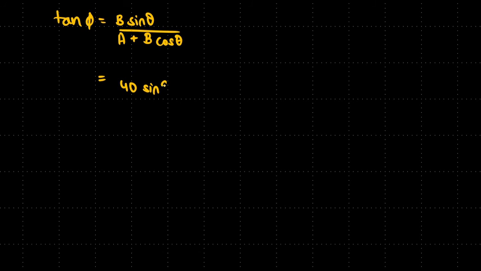To find the angle, we're going to use the tan phi formula. So tan phi, I'm making the angle with vector A, which means B will be over here, and tan is sine by cos. So let's add the values. B is going to be 40, sine 90, since theta is 90 in this case. A is going to be 30, B is going to be 40, and cos is 90.